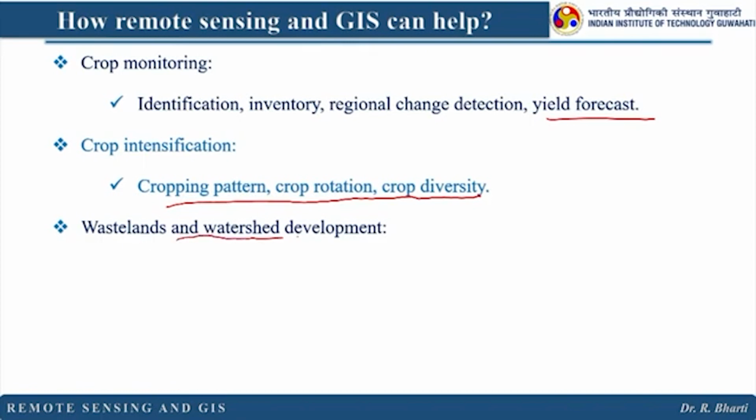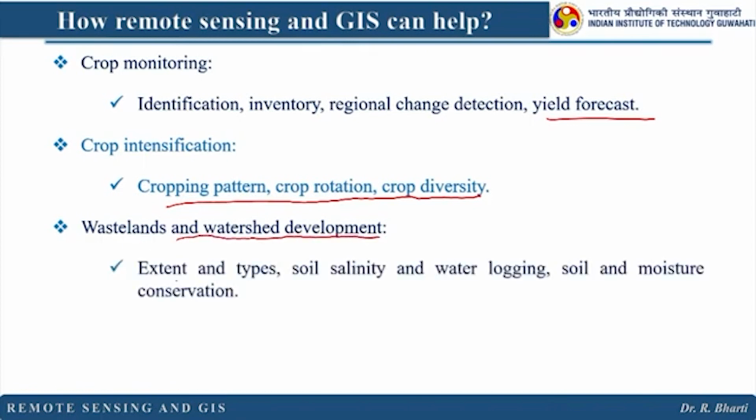Wasteland and watershed development, here extent and type, soil salinity and water logging, soil and moisture conservation. These problems are very common in agriculture, so you need to resolve that, or you need to at least identify what are the problems with this particular piece of land, and then you can start the remedial measures.